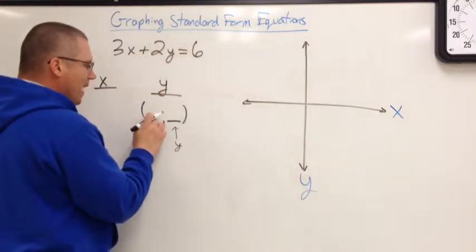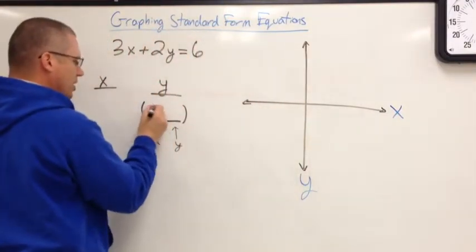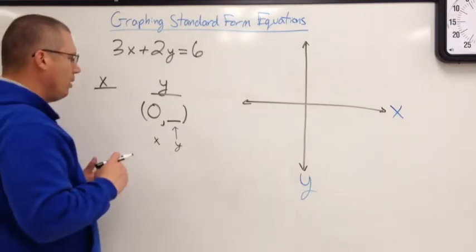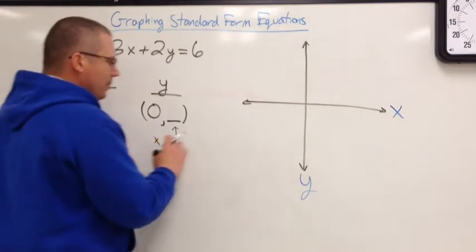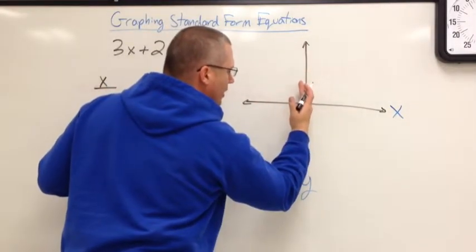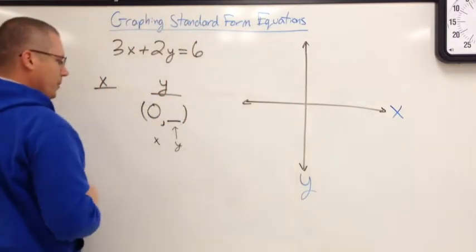Hopefully you say the value of x on this line is 0. My y-intercept has an x value of 0, which means I don't move side to side. All I do is go up and down, which is my y value.